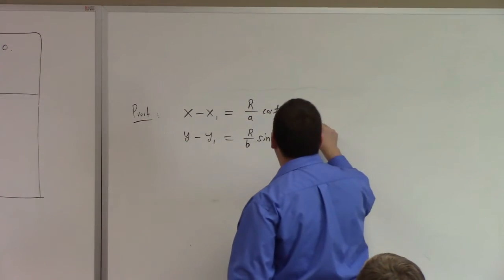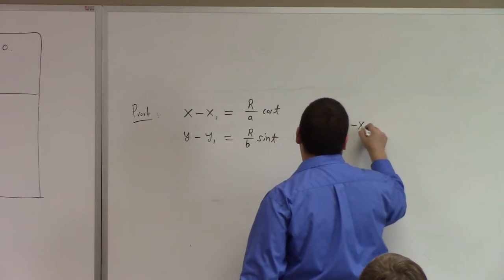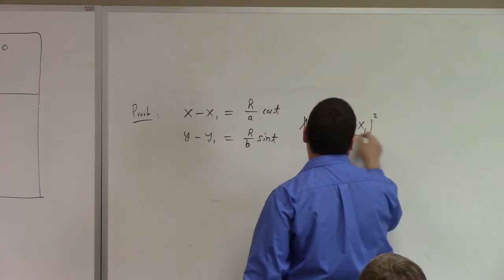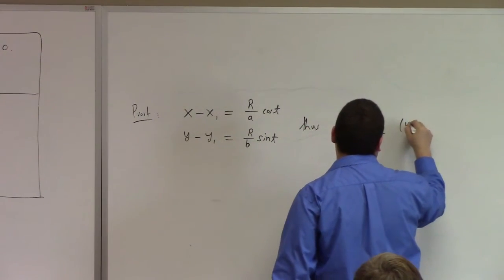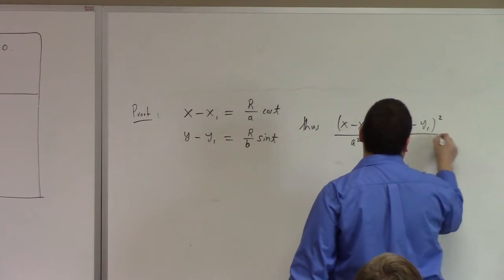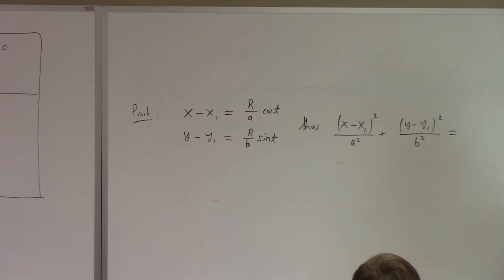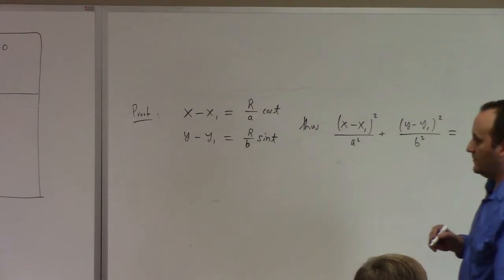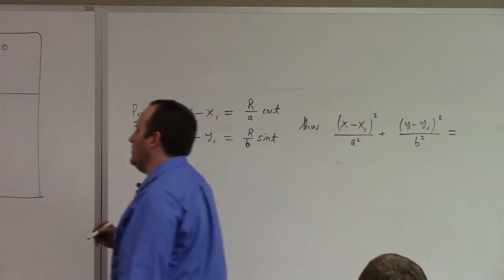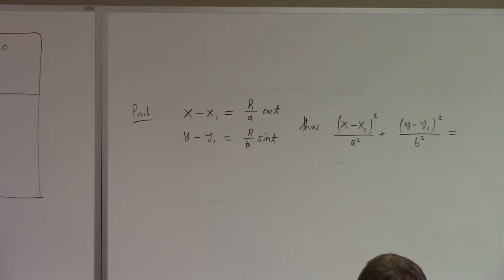So what's x minus x1 squared over a squared plus y minus y1 squared over b squared equal to? Well, what have I done? There's no r in there, so I think it should be... Oh, man. If I put the r here, then I need that.